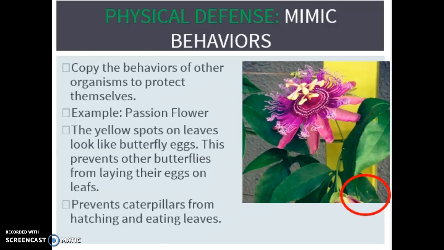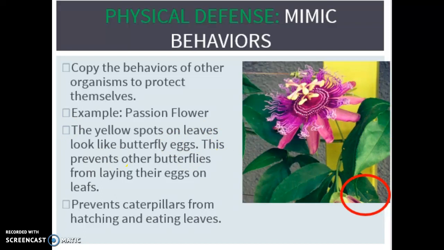But you can see other types of mimicking behaviors, like copying the appearance of a poisonous plant. The other idea is you can see on this, there are some yellow spots that look like butterfly eggs. This prevents other butterflies from laying eggs on their leaves, and then they won't eat the leaves, so they try to mimic some behaviors.